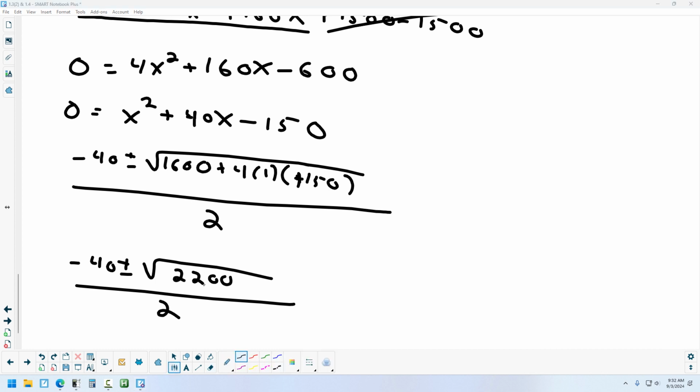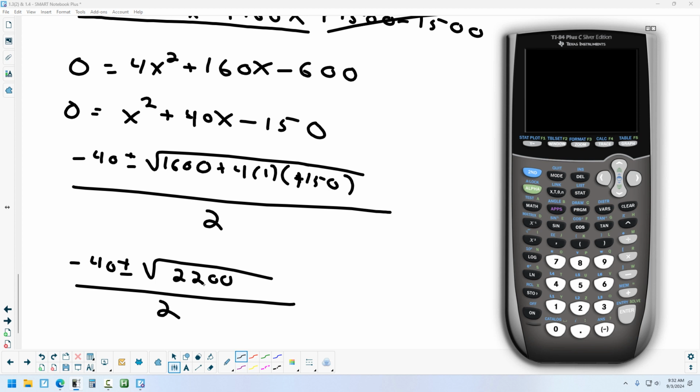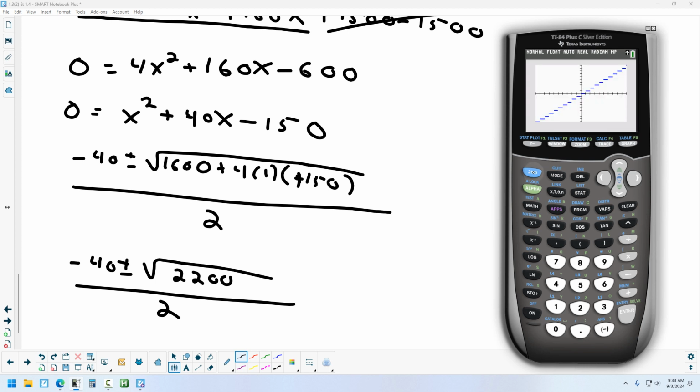So I don't think the square root of 2200 is going to come out to a nice number. The square root of 2200 comes out to about, let's just call it 46.90.